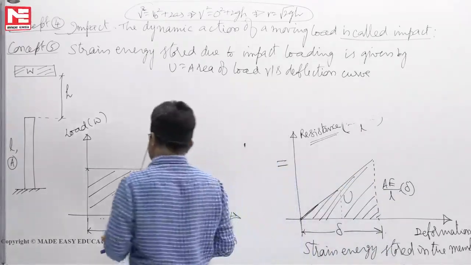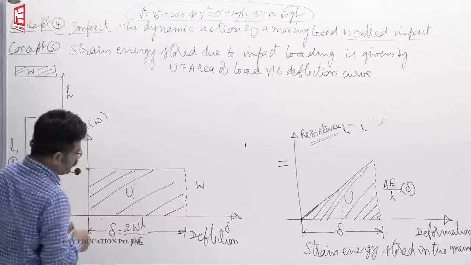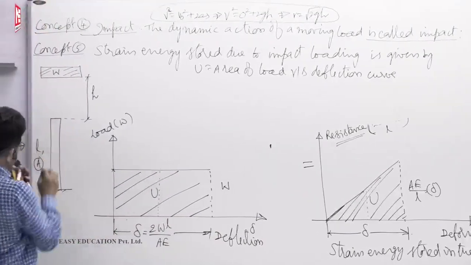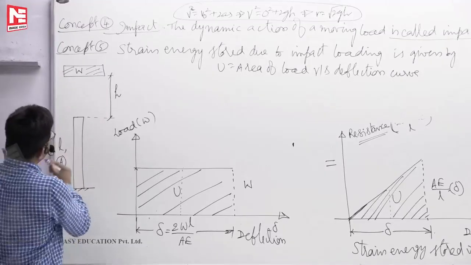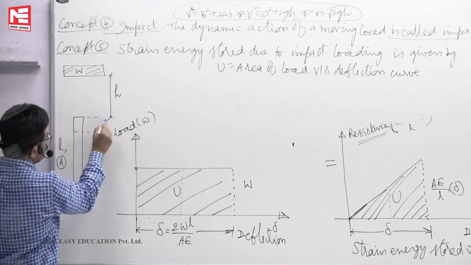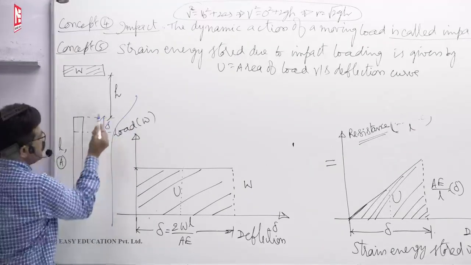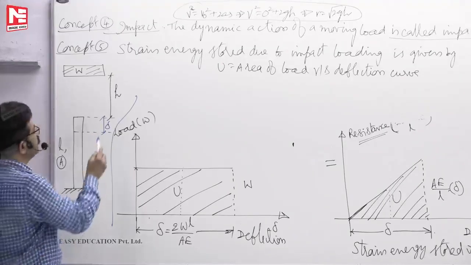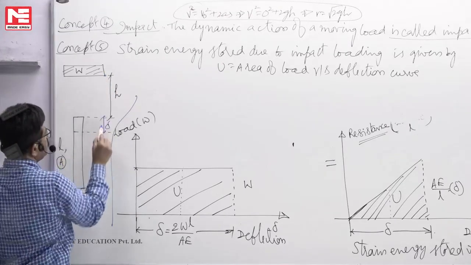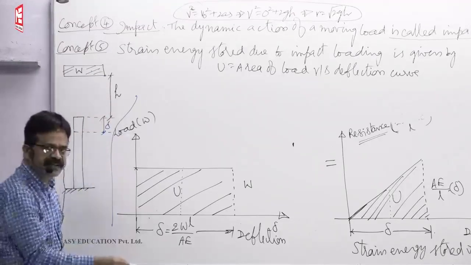Now let us see here. This is the case. Load versus deflection curve. What is the deflection curve is? When you apply load W from height H, it will come down, and this value is delta, let us say. And this delta is more than 2WL by AE. This is the starting point, this is the ending point. How much load W has moved down, deflected?